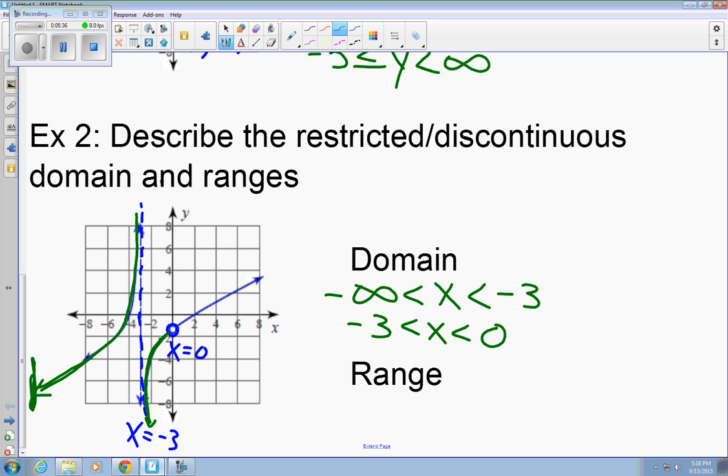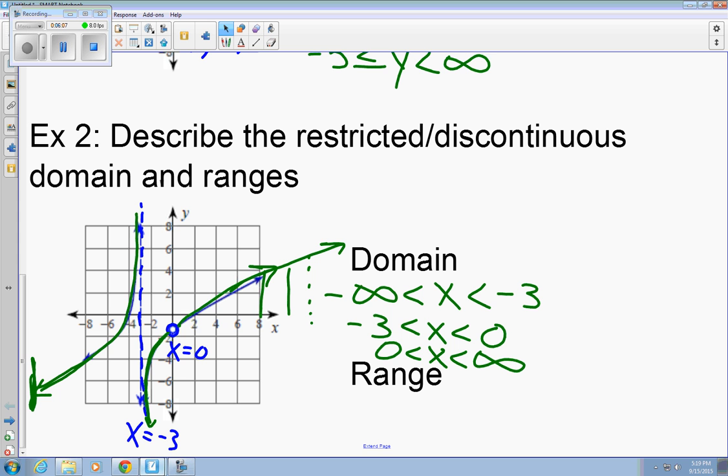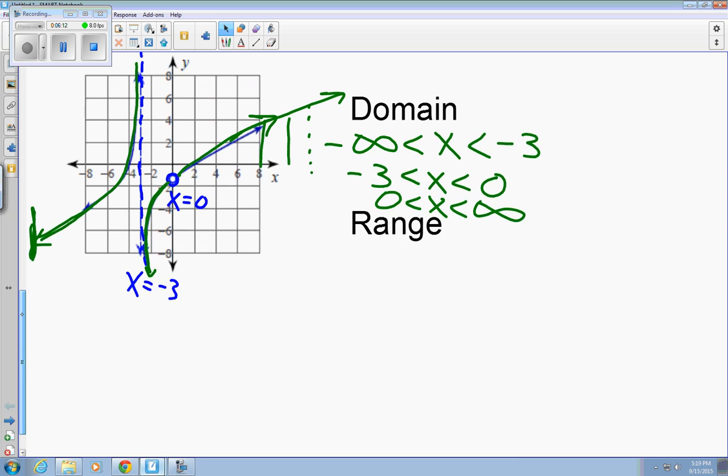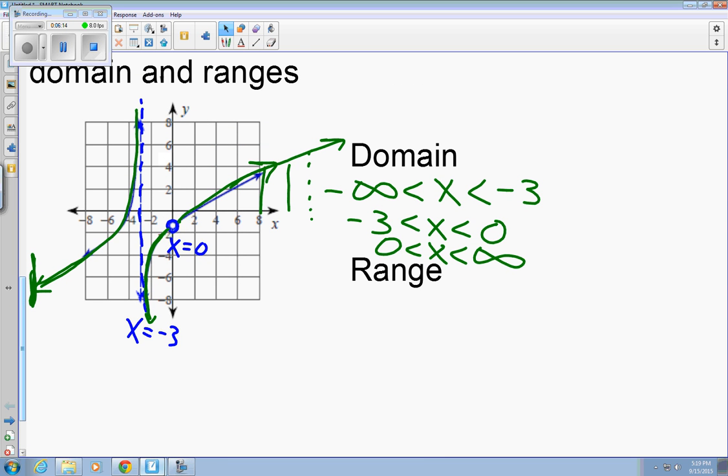And the last part, after the hole, continually goes on forever and ever to the right, like 8, 10, 12, so it goes to infinity. So there are 3 different portions to describe this domain. There's another way to write this, but I'll talk about it in class.